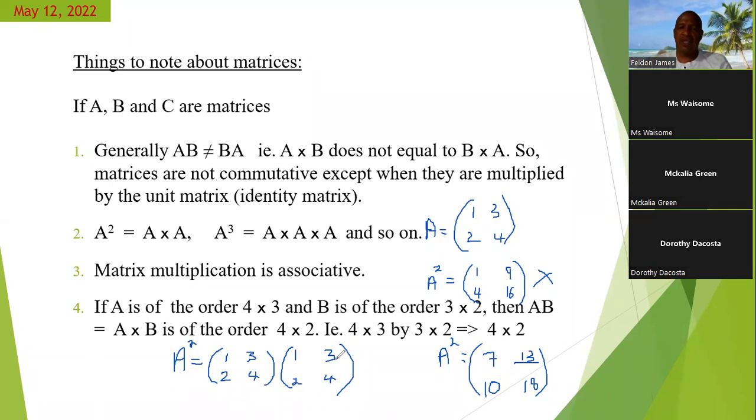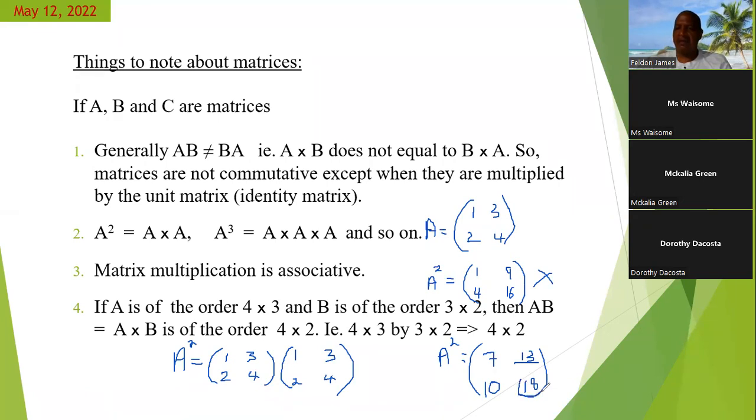Then we have 2 times 3, 6. 4 times 4, 16. 16 plus 6 gives you what? 22.